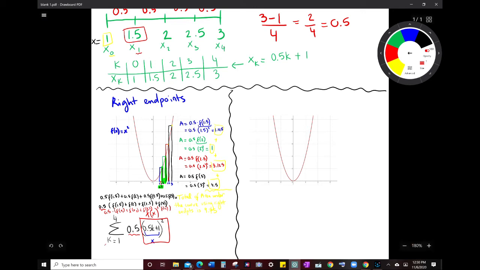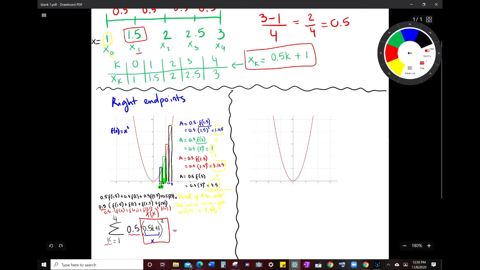However, we're using k right here, therefore x is now replaced by 0.5k plus 1. Okay, so when you plug it into your calculator, you should get the same answer.